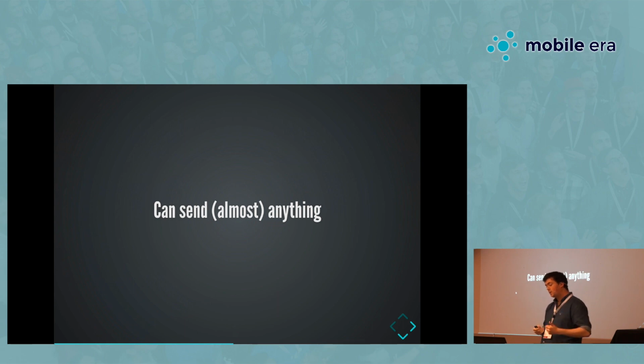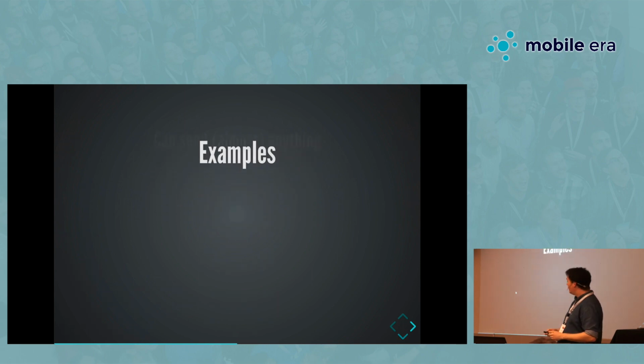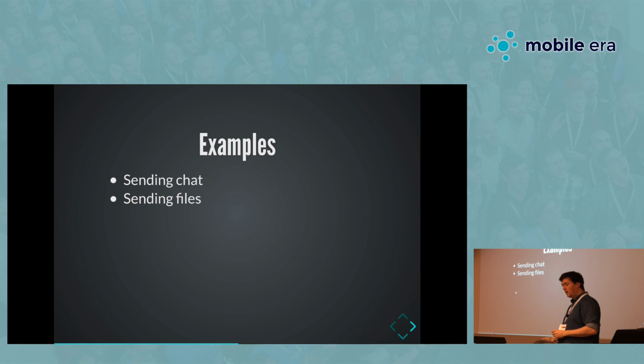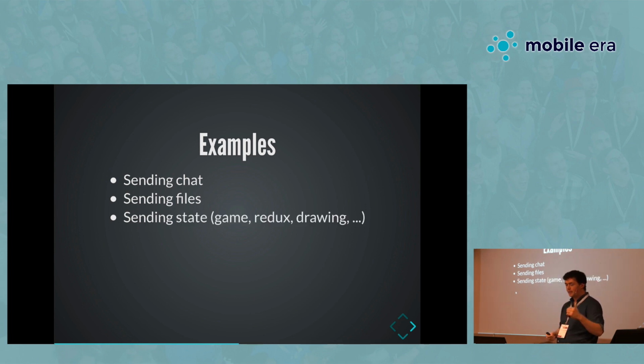You can send blobs, you can send array buffers, you can send array buffer views, which means you can send files. So now we have a lot of potential. So let's just look at a few examples. You can send chat messages. You can send files. You can send any state: game state, drawing state, reader state, take your pick.